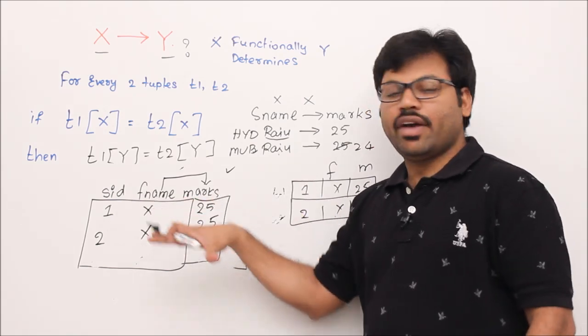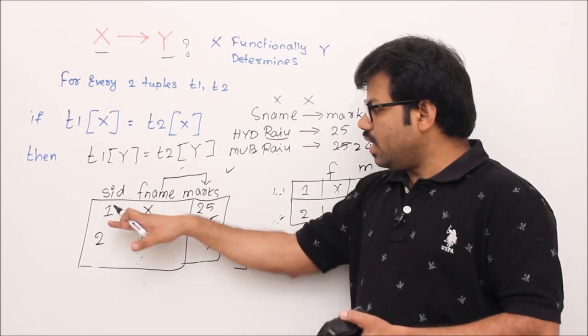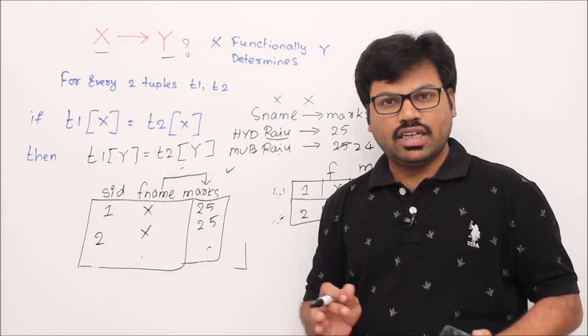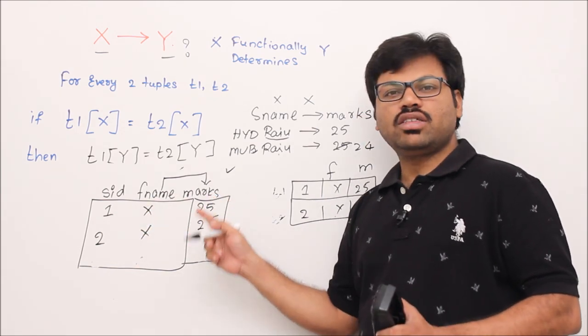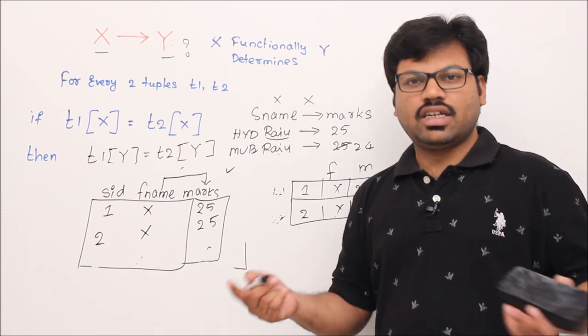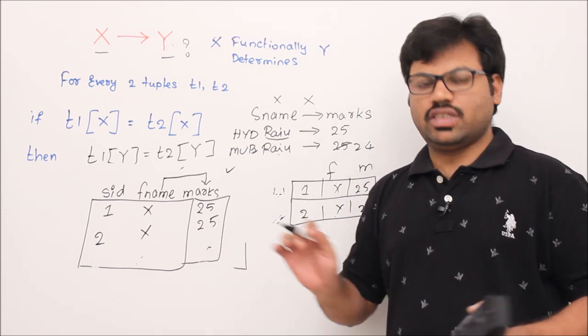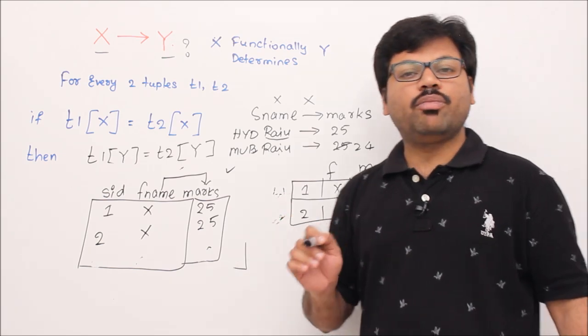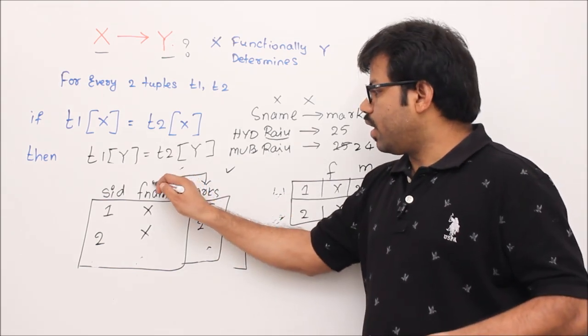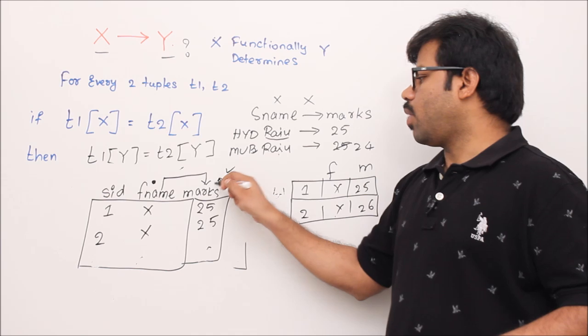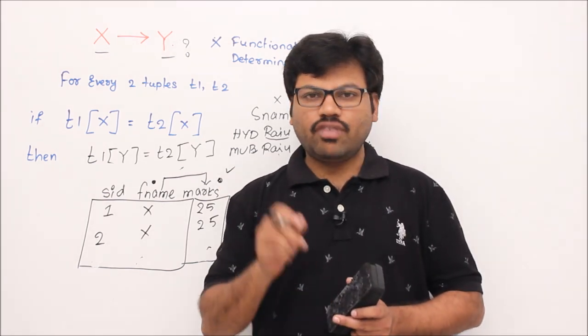By seeing this instance, I can't say that father name determines marks, or that father name does not determine marks, anything. Don't decide. So how to decide? Only by understanding the property of father name and the property of marks rather than values.